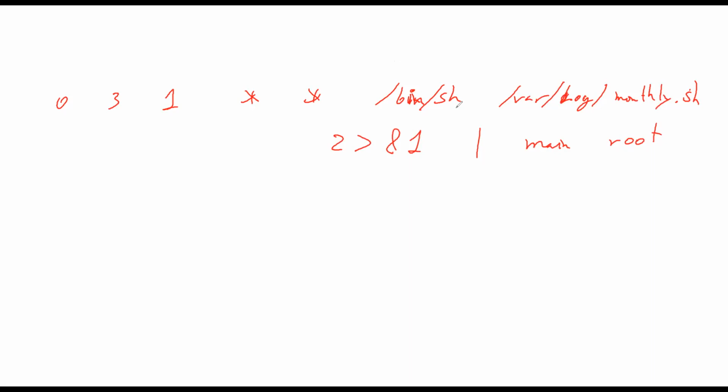Run the monthly.sh script and redirect the standard error and standard out to mail root every month at 3 a.m., on the first of the month. Okay, on the first of the month. Very good. Exactly. Perfect.